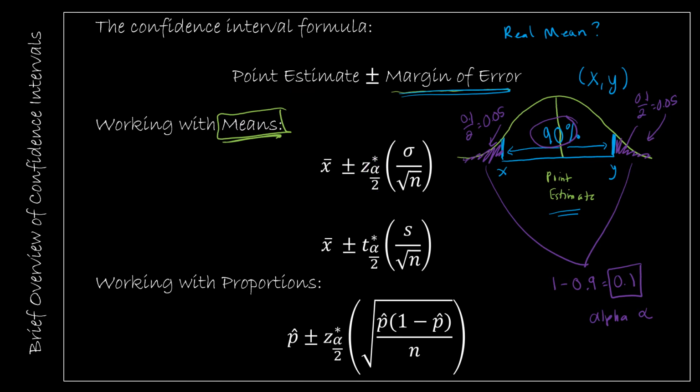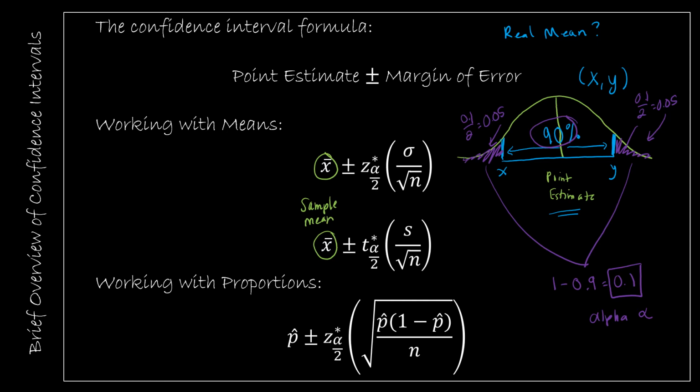So now let's talk about the difference between means and proportions. If I'm dealing with means, that's an average. X bar is my sample mean, and that's the same for either one.